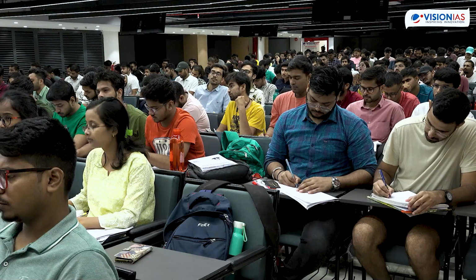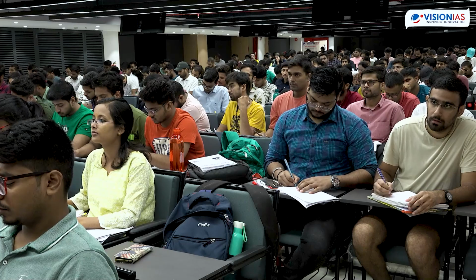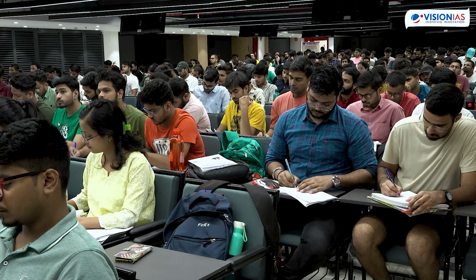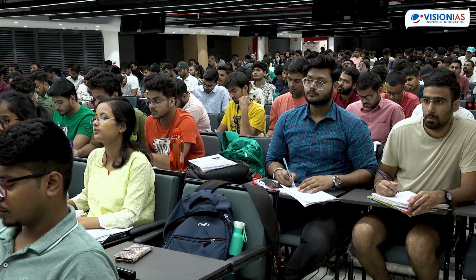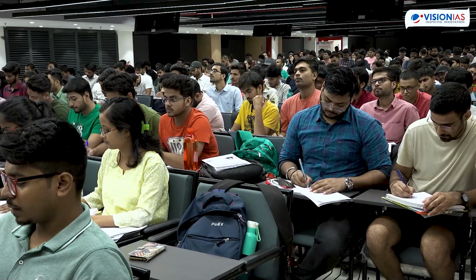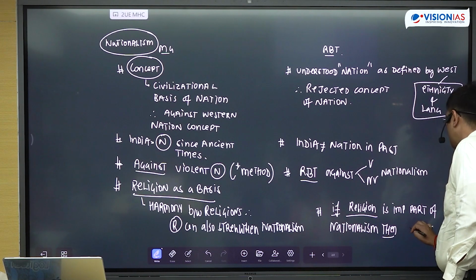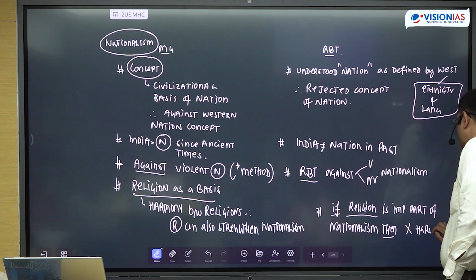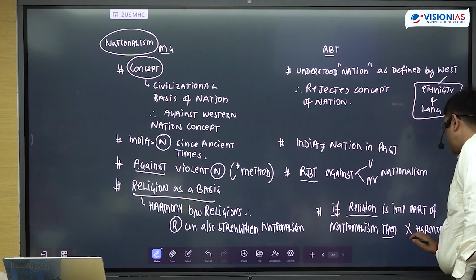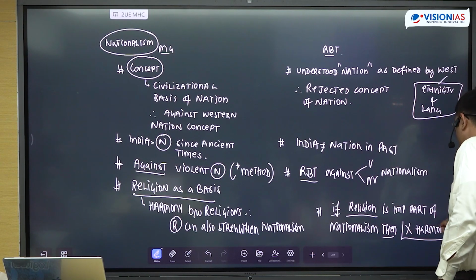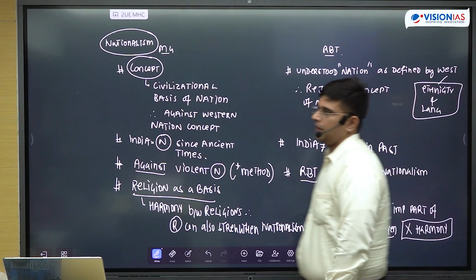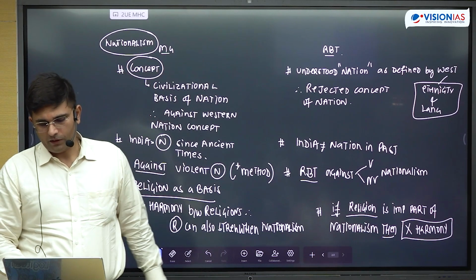So basically he says that if religion is an important part of nationalism, then there is no harmony between multiple religions. Then harmony is not possible. Right? So this is what he's trying to say.